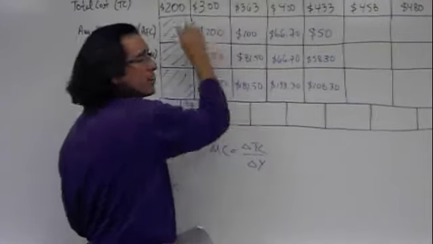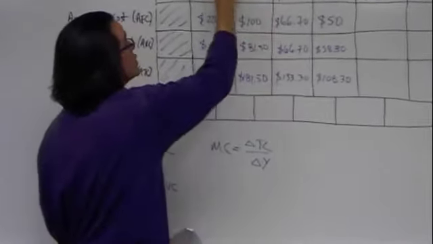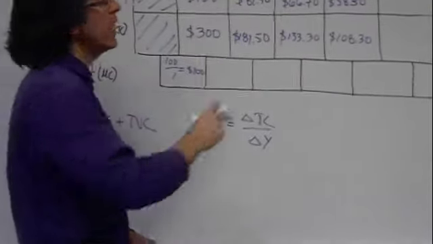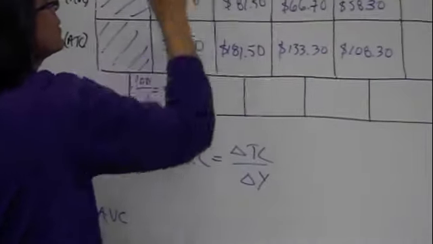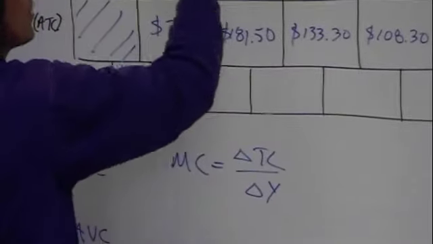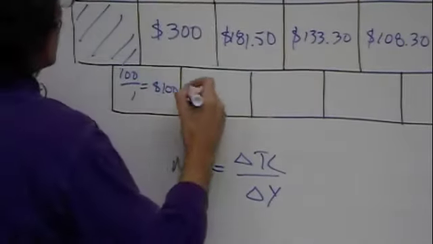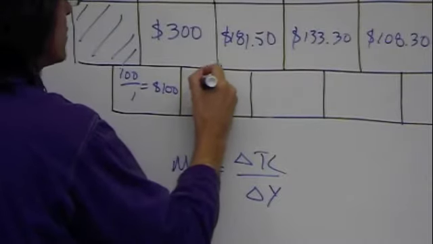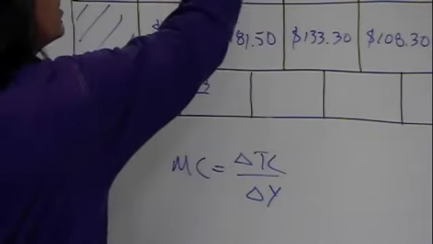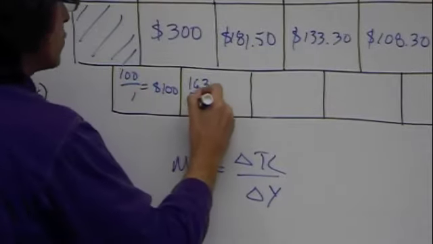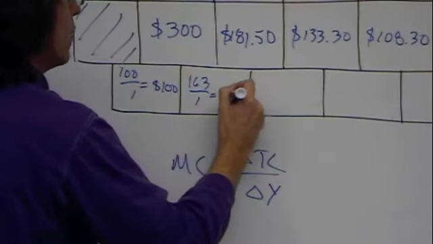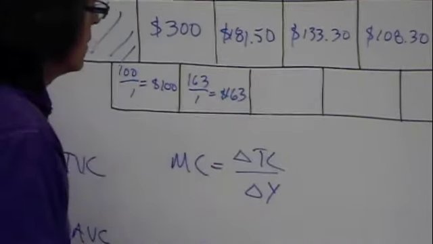Let's look at what's the marginal cost of moving from 1 jacket per day to 2 jackets per day. Again, we're going to look at what's the difference between these two total costs. So 363 minus 300, we get 63, divided by the change in output. 2 minus 1 is 1. So we get $63.